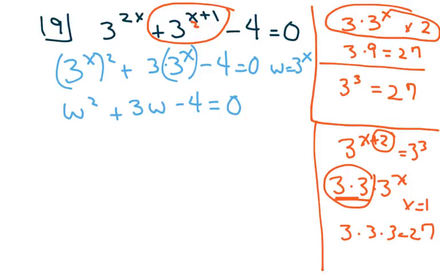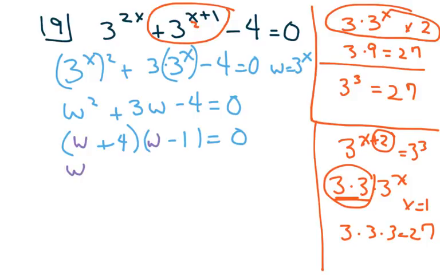So we're going to get (w plus 4)(w minus, not minus 4, but minus what? Yes, that's right, minus 1) equals 0. Oh, it's not x either, it's w. It's supposed to be w.